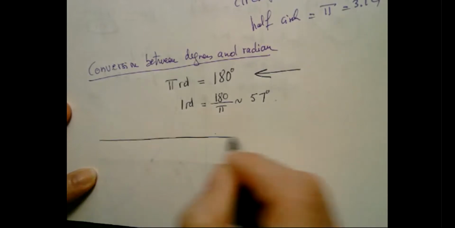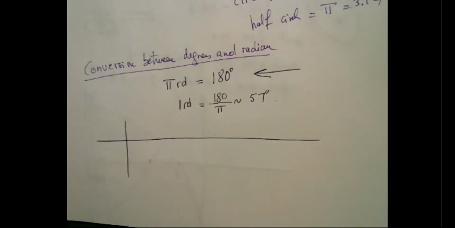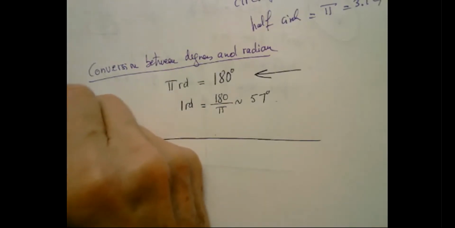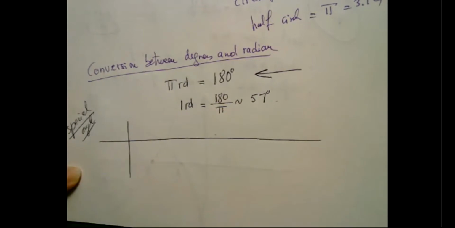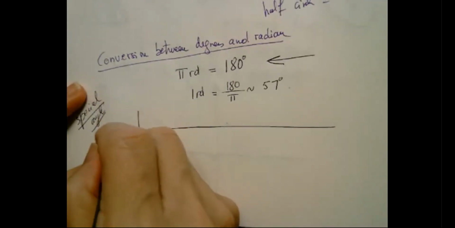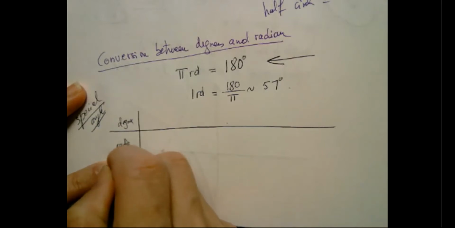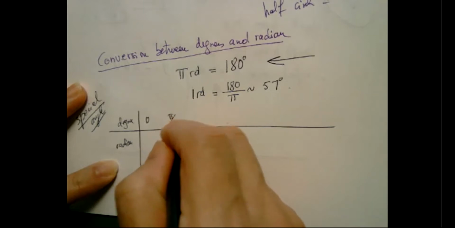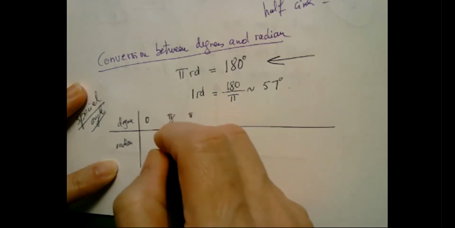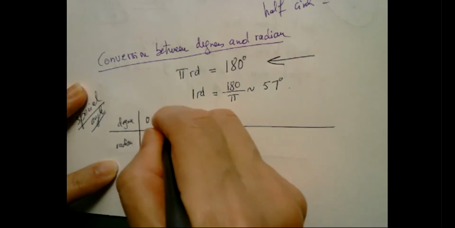Now, a very quick reminder of the most basic angles, special angles I'll call them, in degrees and in radians. So the special angles, I mean the 0, the pi over 6, sorry, that's not what I want.